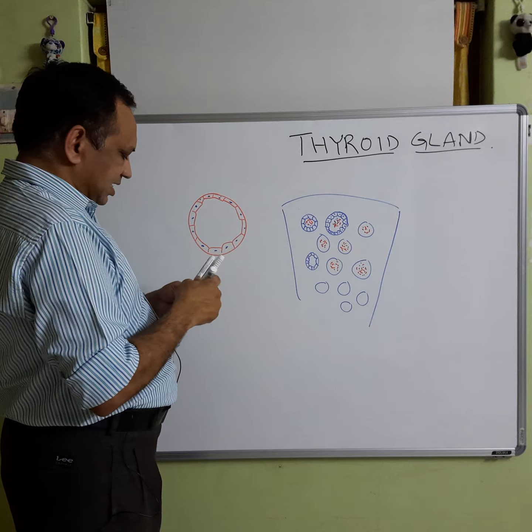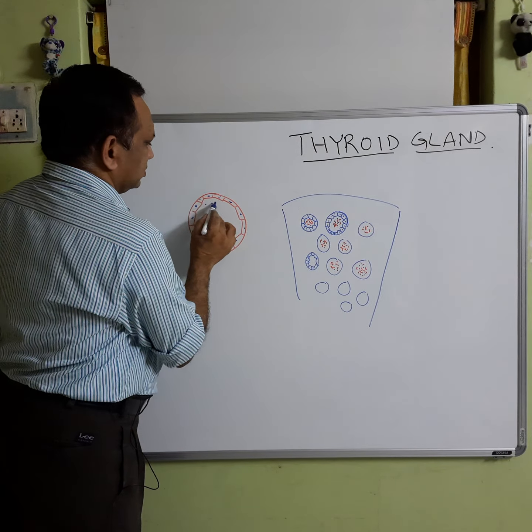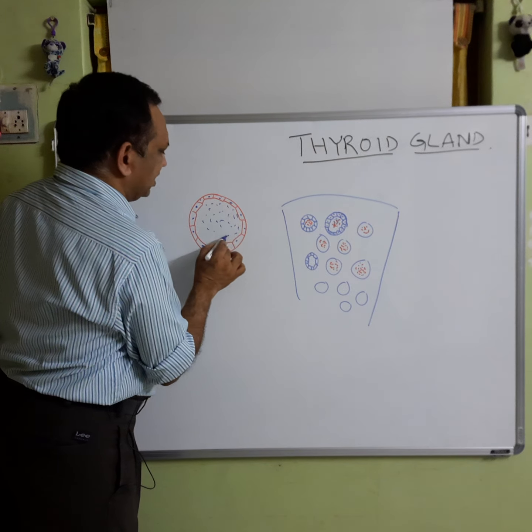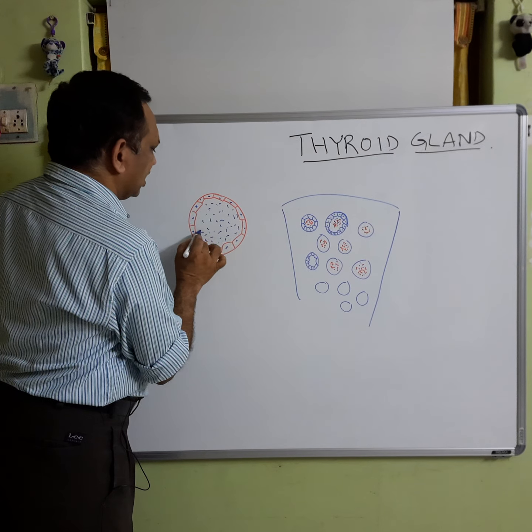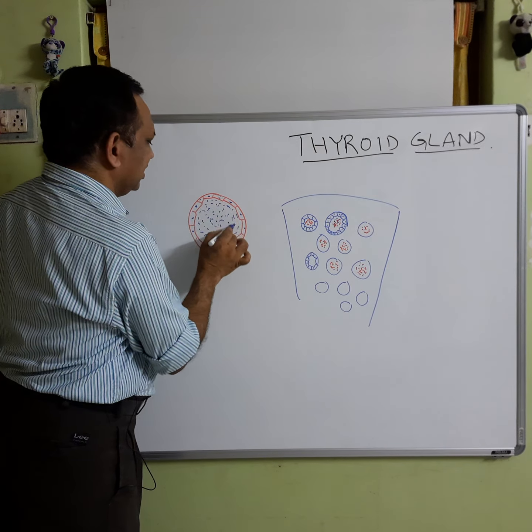And the entire lumen is filled with the colloid material. This is the inactive follicle.